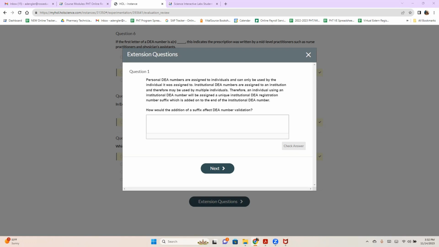But when it comes to the suffix, the institution that is assigning the suffixes to their residents that are in rotation there actually keeps a database of all of the suffixes assigned to whichever person.